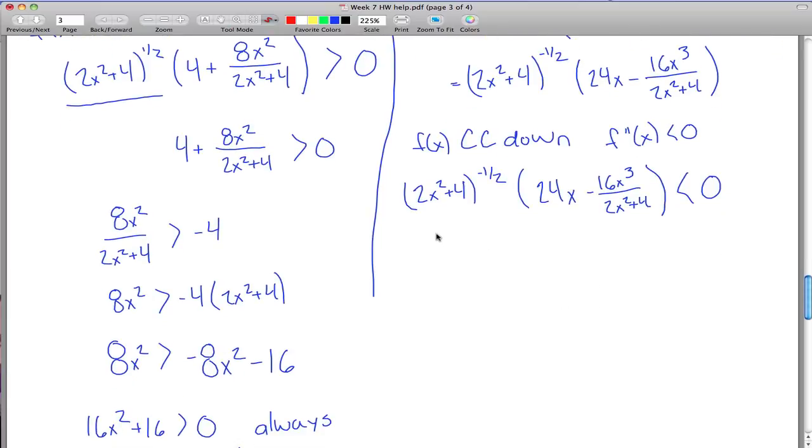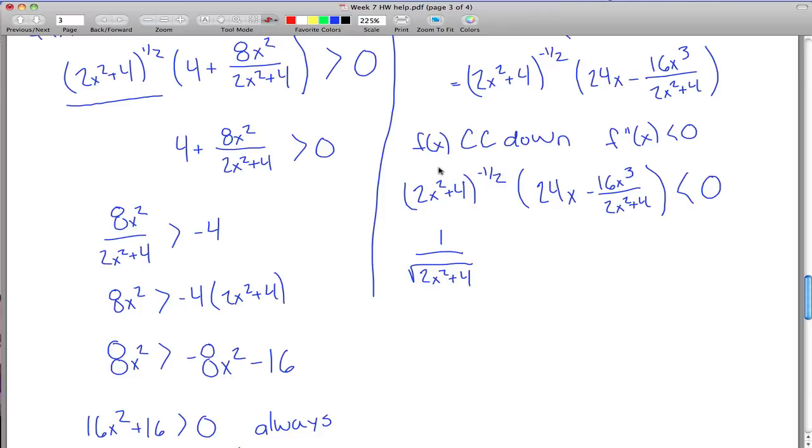Looks really difficult. Turns out that we can get rid of this term again because this term is always positive. Might be hard for you to believe it right now, but we can think about this as 1 divided by the square root of 2x² + 4. The inside here is always positive, so this thing is always defined. When you take the square root of a positive number, you get a positive number. When you do 1 divided by a positive number, you're still positive.